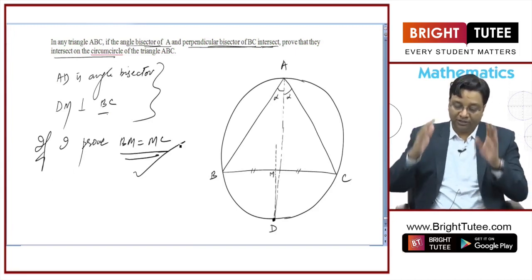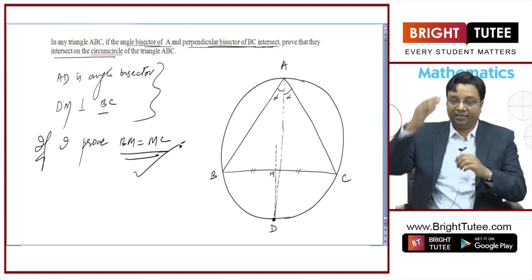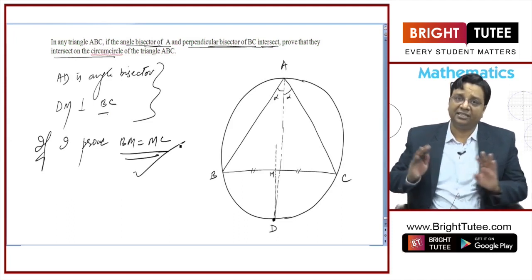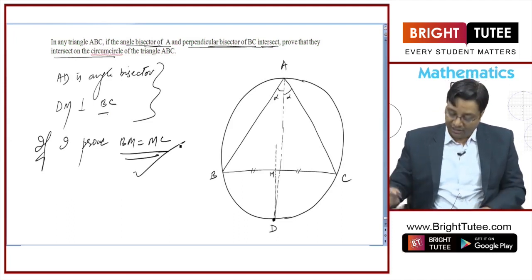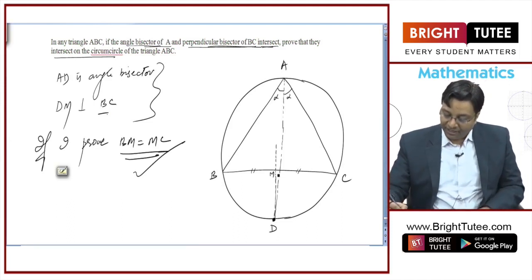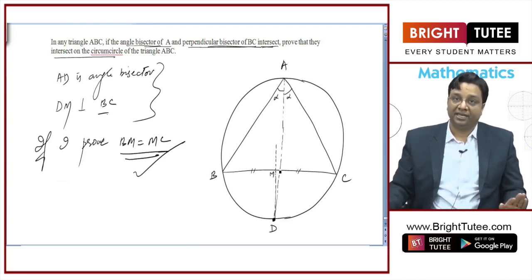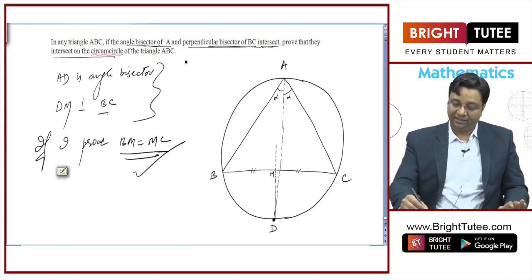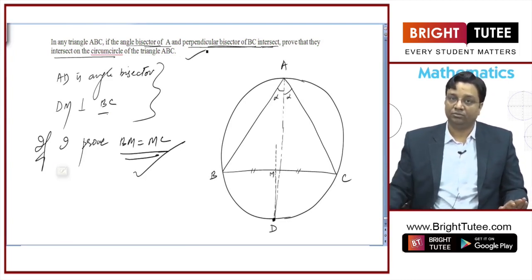Now to prove this question, what I have done here is I have taken AD as angular bisector of A, which I can easily take, which is allowed, right? Now from point D, I am dropping a perpendicular on BC. If this perpendicular divides BC into two equal parts, then this statement will be true.